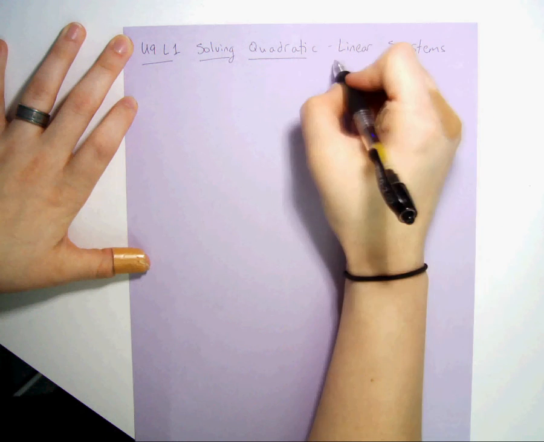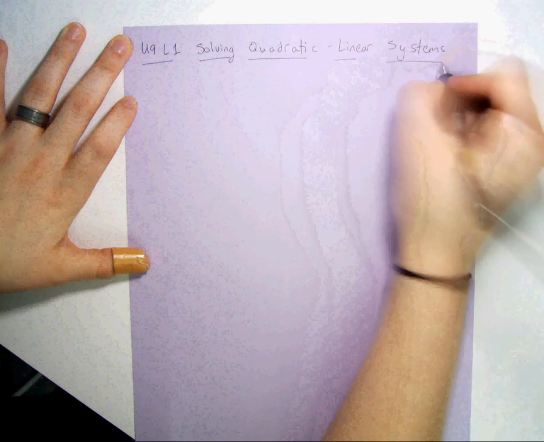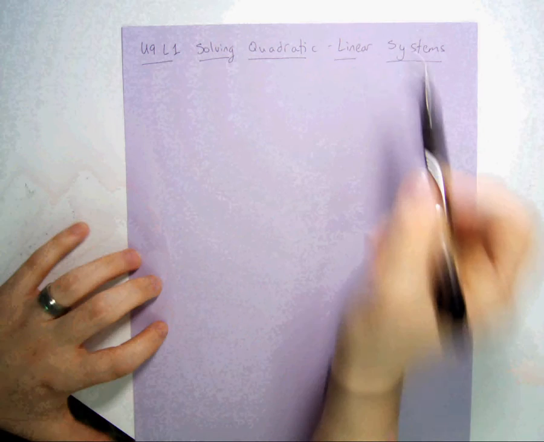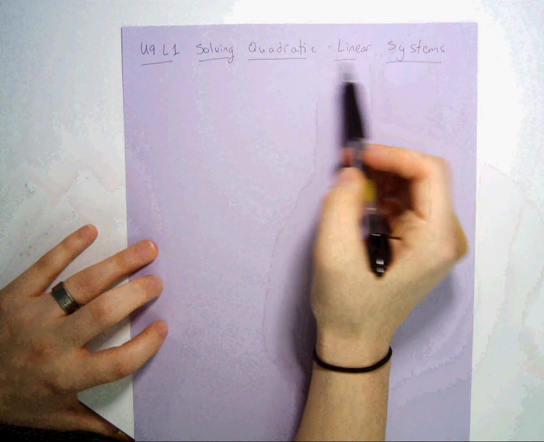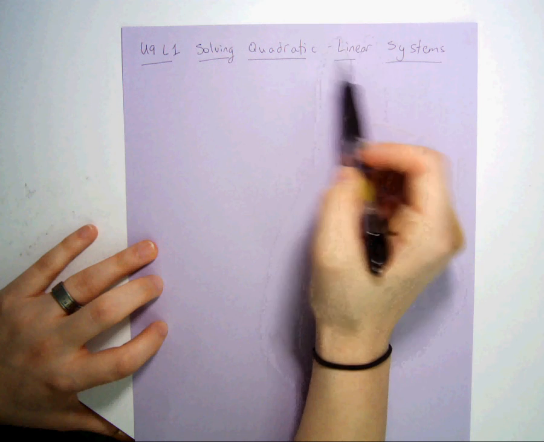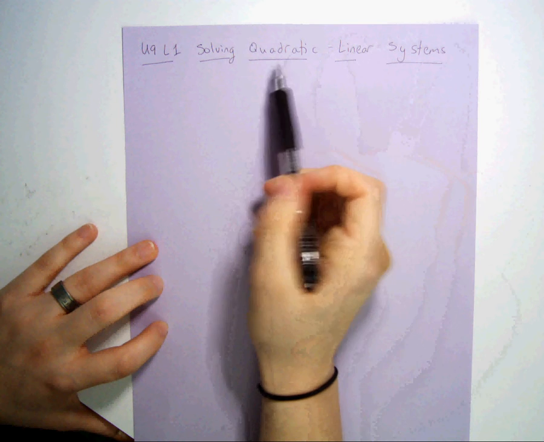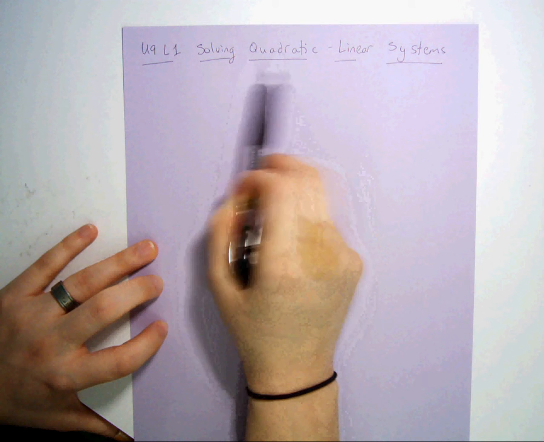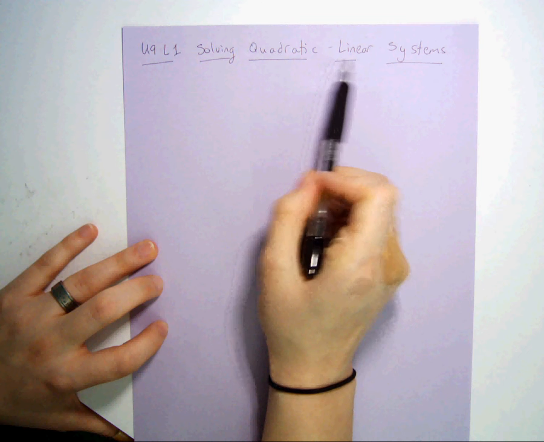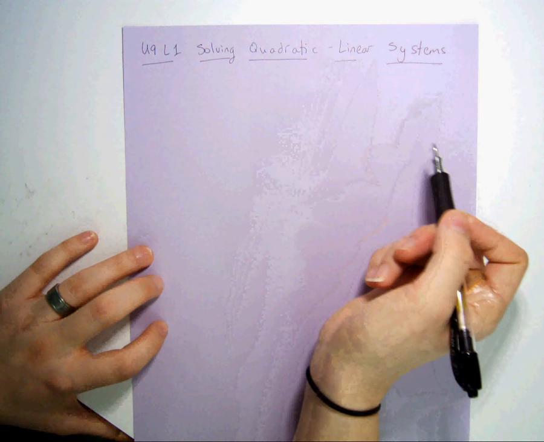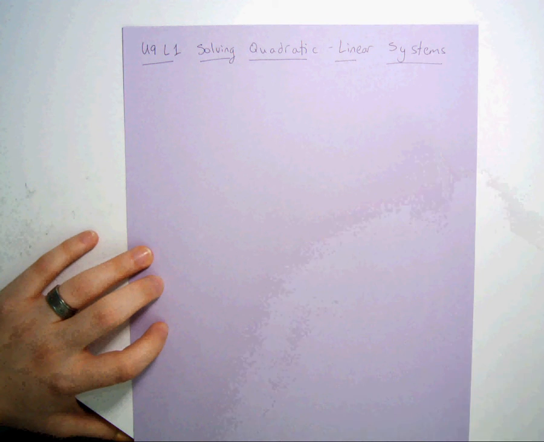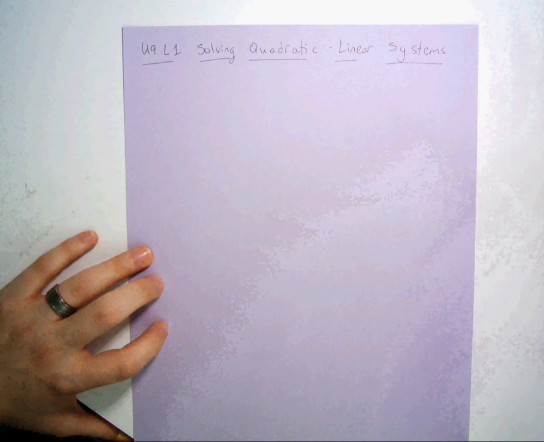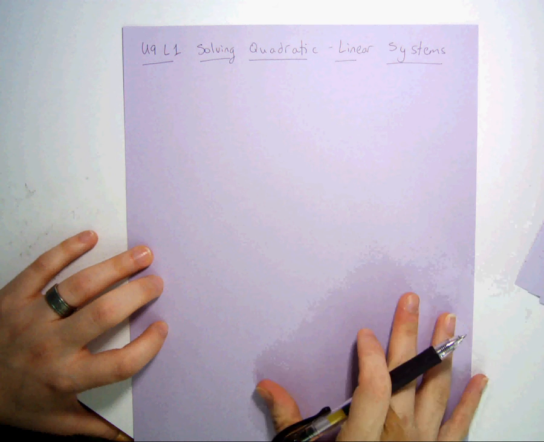We did it by graphing, we did it by substitution, but then we were looking at just a system of two linear equations. Today we're going to look at a system where we have one quadratic and one linear equation, and we want to solve that. So we're looking at where these two graphs cross each other.